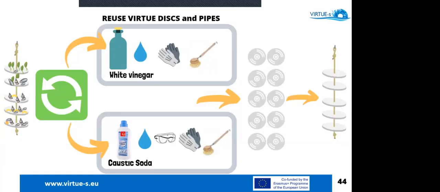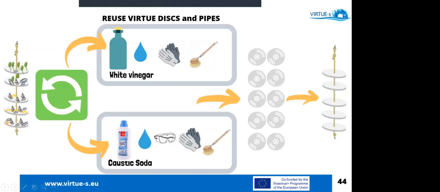Virtuous also means sustainability. This is why we encourage you to reuse Virtuous discs and pipes once your experiment is over. There are two options, one using white vinegar and the other with diluted caustic soda.